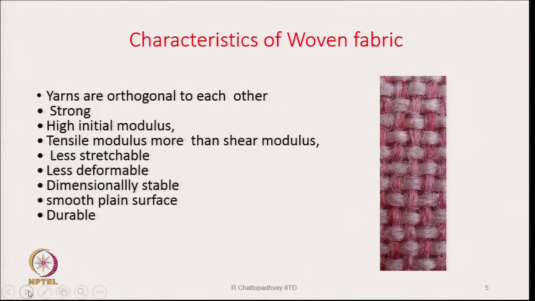They are less stretchable, they are less deformable, they are dimensionally stable, and generally they have a smooth plane surface, and the fabrics are durable. This is all in comparison to the other mode of fabric productions, that is in comparison to knitted fabrics or non-woven fabrics.